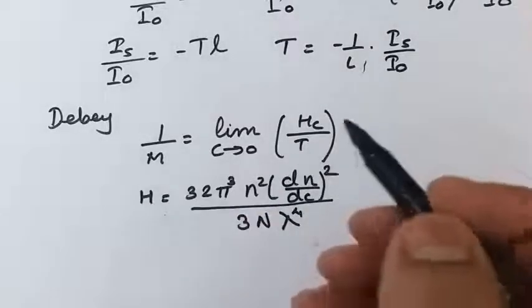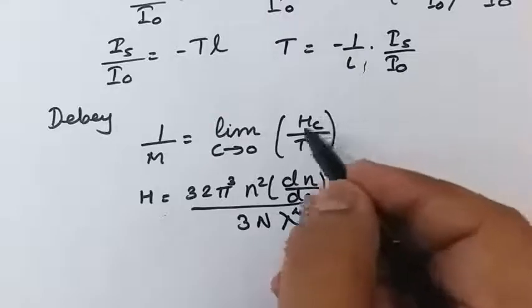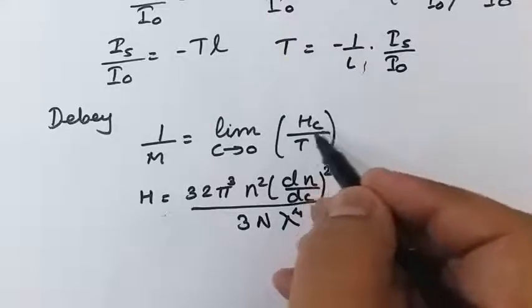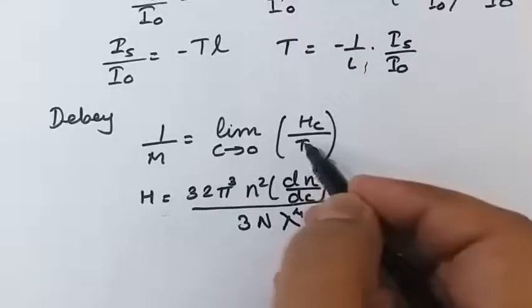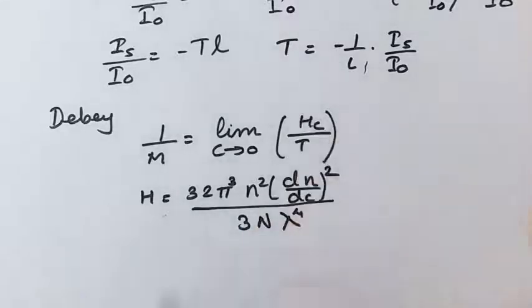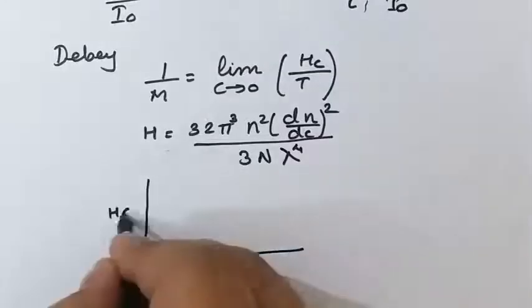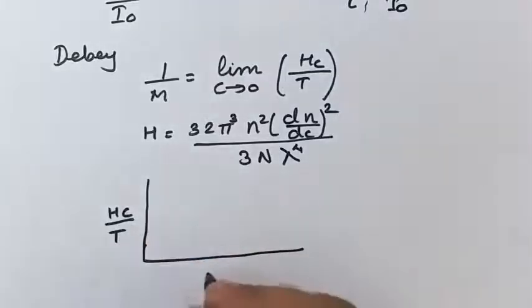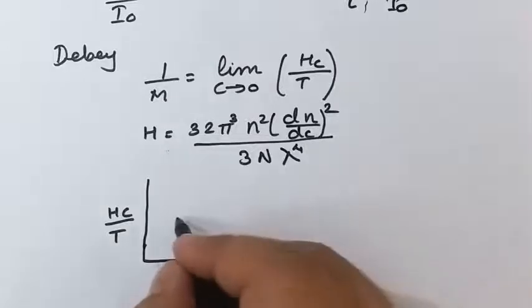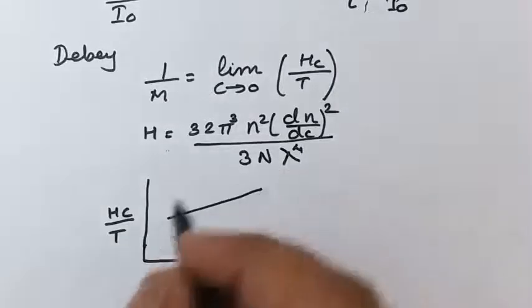For different concentrations of a particular polymeric solution, we will get different turbidity of that solution and value of H, and hence we can plot a graph of Hc by T versus concentration, which will yield a straight line.